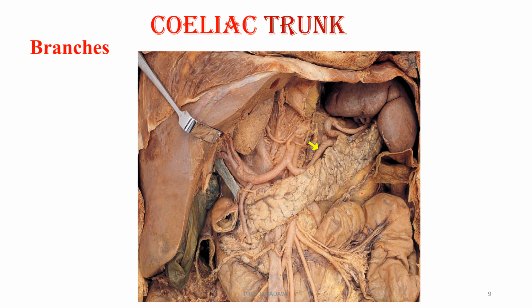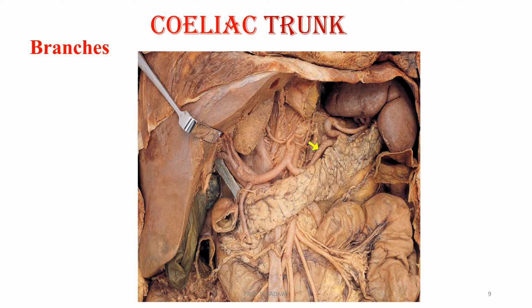That is the lower end of the left kidney. So it will cross the suprarenal and the left kidney, then pass between the two layers of the lienorenal ligament with the tail of the pancreas to end in the hilum of the spleen. That is the course of the splenic artery.